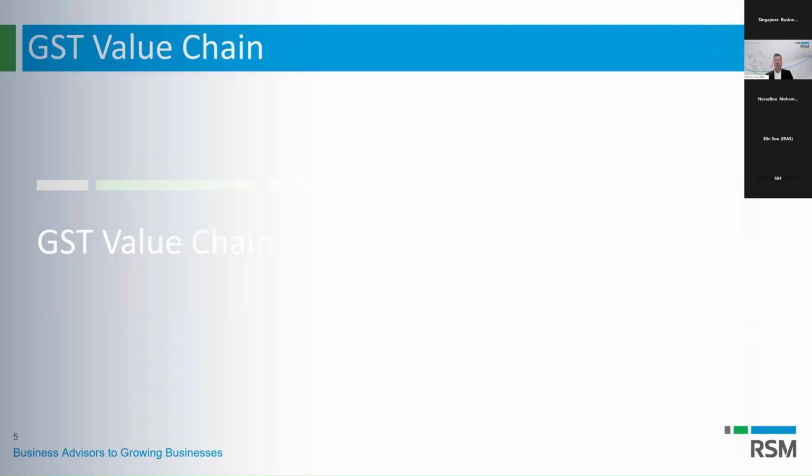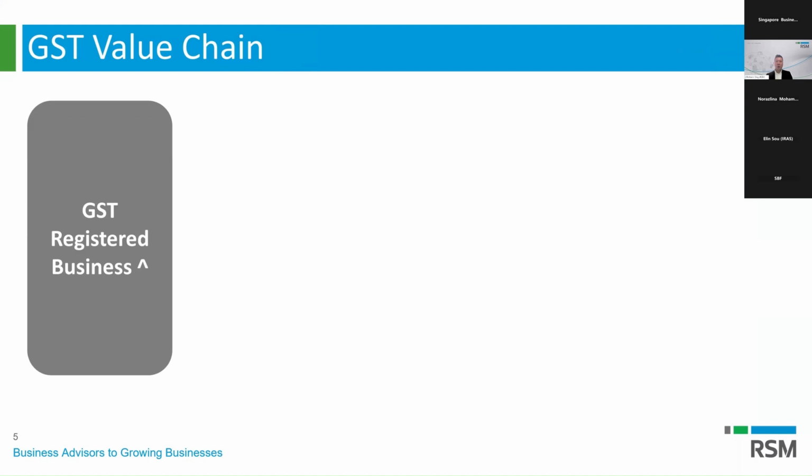As a start off, I always would like to bring us back to this thing called the GST value chain. I believe most of us probably would be able to fathom. For a value chain to exist, the GST registered business must be there, and that would include you and me, all of us here.